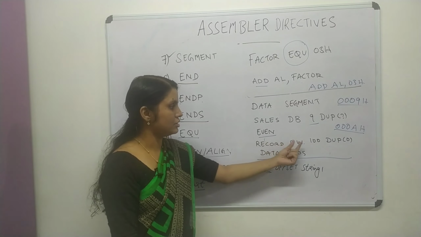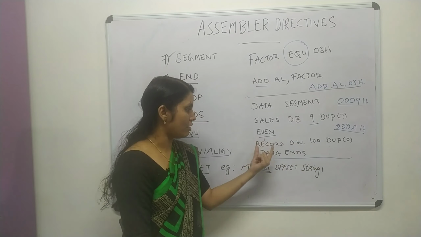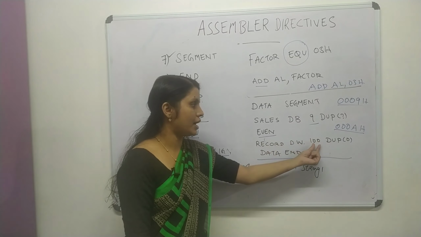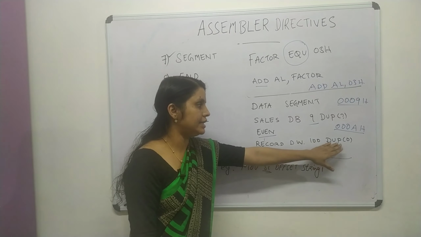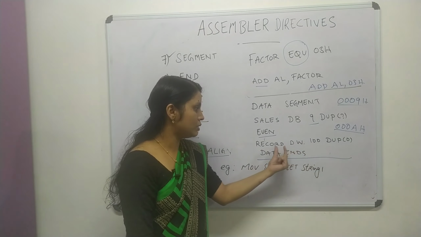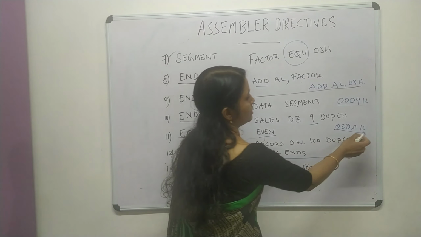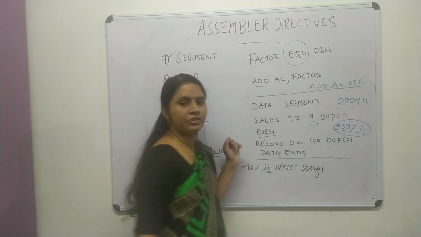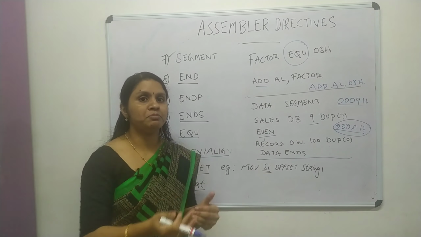Then RECORD DW 100 DUP(0) will create an array named record of 100 words initialized with 0, and the starting address of the array will be an even address, so that it can access the memory in one bus cycle.